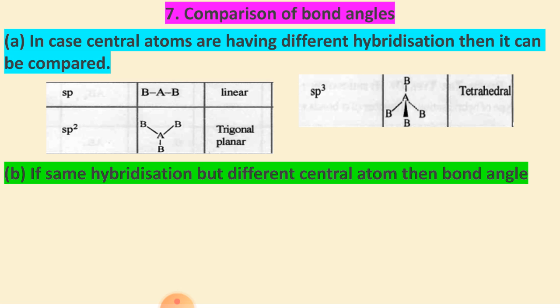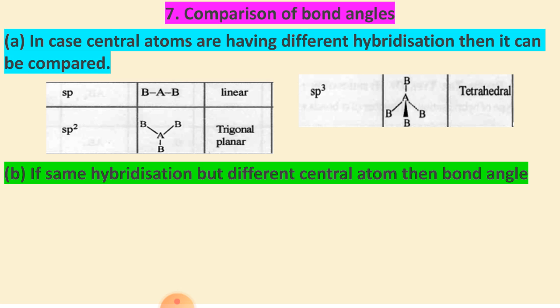In case of sp3, 25% s character is there, the shape is tetrahedral and the bond angle is 109 degrees 28 minutes. So different hybridizations have different bond angles. The more the s character, the more will be the bond angle. So by this way you can compare the bond angles between differently hybridized atoms.